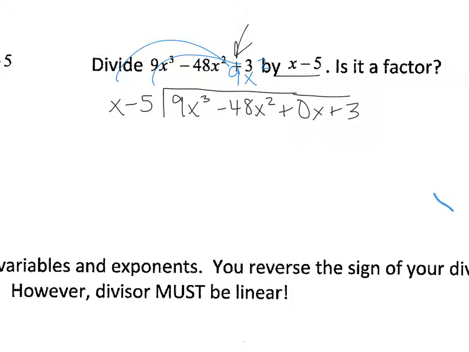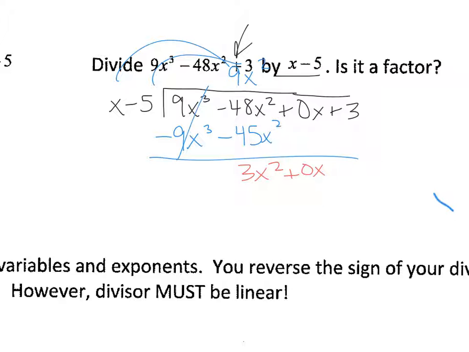So it's going to be 9x cubed minus 45x squared. Subtract, cancel. Add -48 plus 45 because you have two negatives, so it's going to be 3x squared plus 0x.